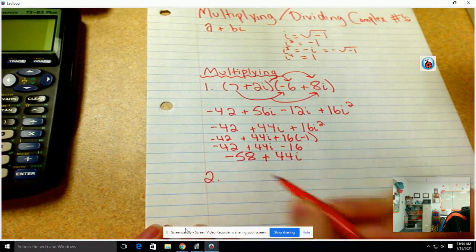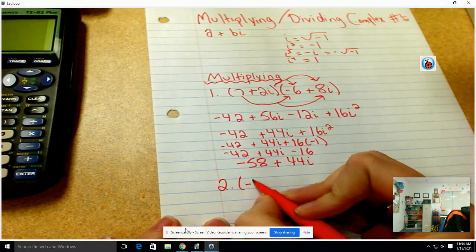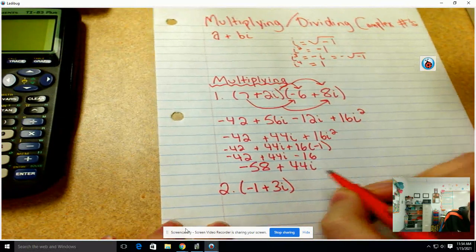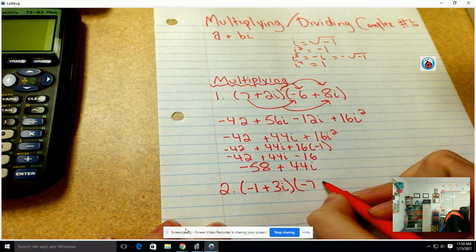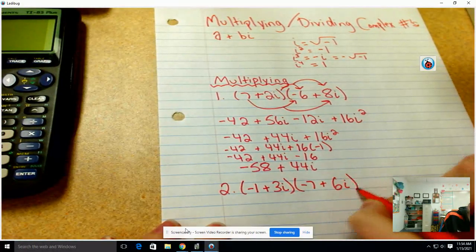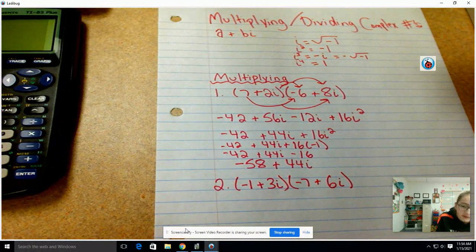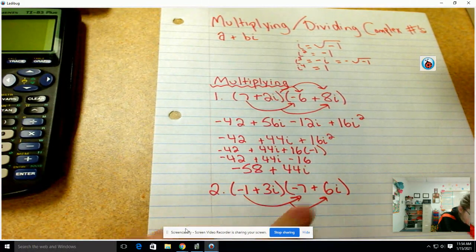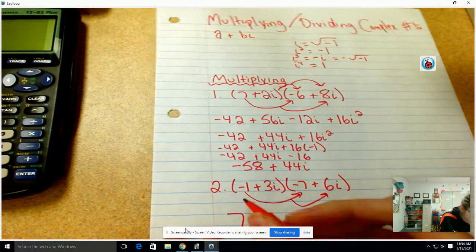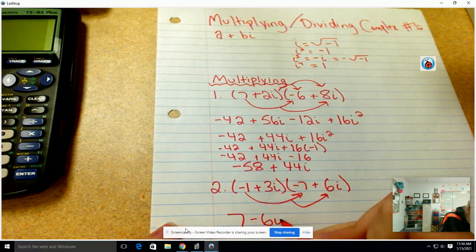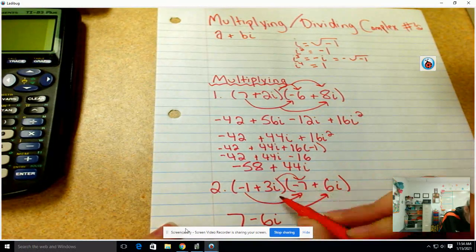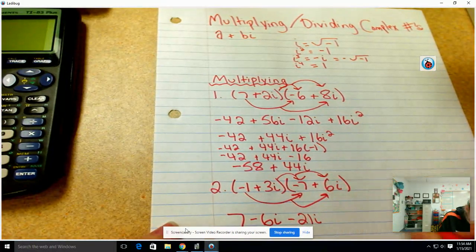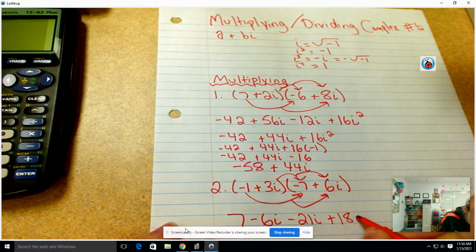So let's hop on into another example. We're going to have -1 plus 3i, and we're going to have -7 plus 6i. We're going to do the same thing. We're going to be multiplying, so distribute this here and here. -1 times -7 is a positive 7. -1 times 6 is -6i. 3i times -7 is -21i. 3i times 6i is a positive 18i squared.